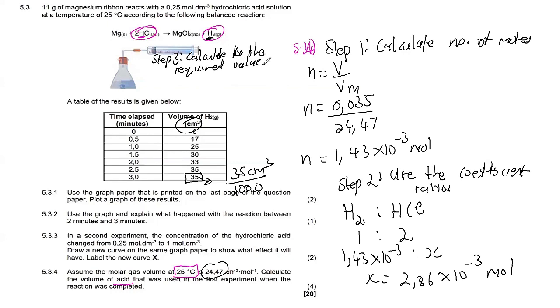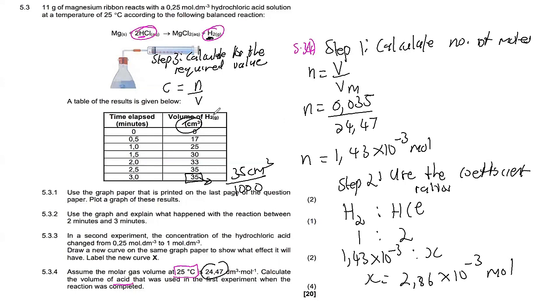Then what formula can we use to calculate the volume now that we have the number of moles? We can go ahead with C is equal to n over V. And why that one specifically? Because reading there, we are told that at 25 degrees, our hydrochloric acid has a concentration of 0.25.